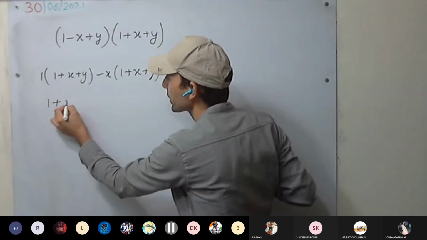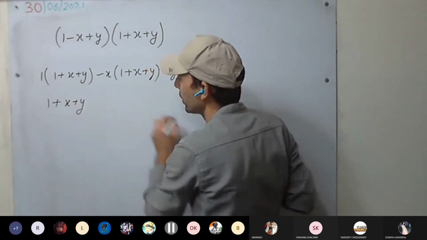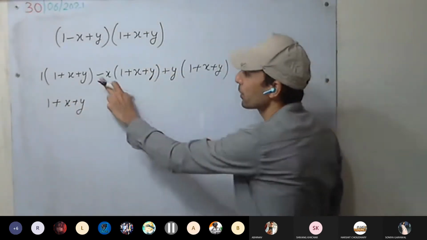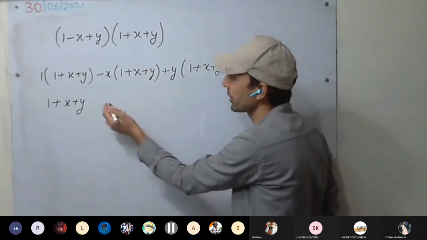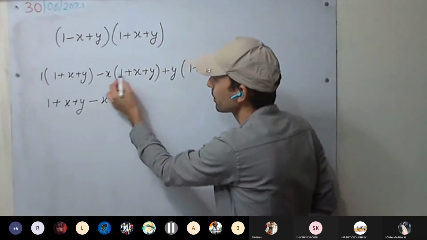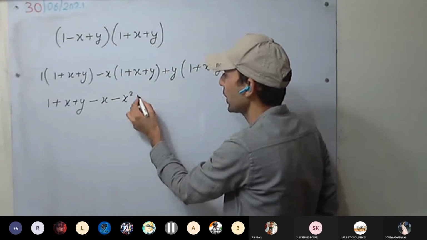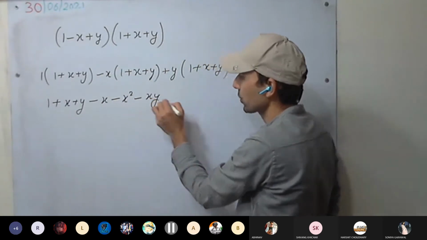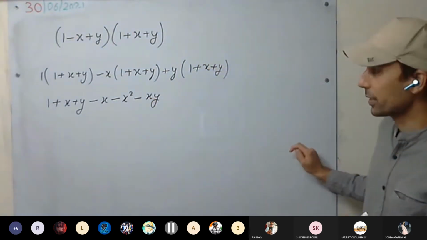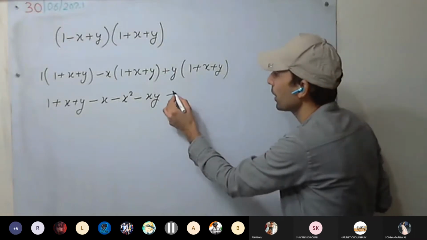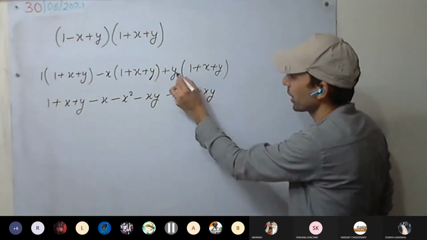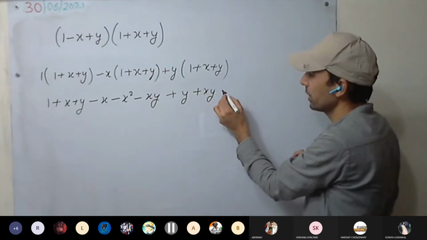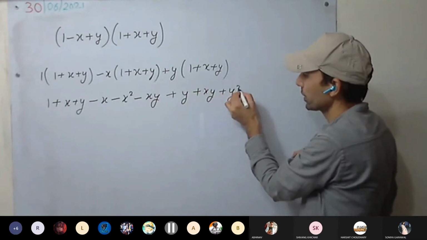So 1 plus x plus y. Keep solving. Multiply minus x with each of the terms in the bracket: minus x square minus xy. Don't skip the steps. Plus y plus xy. It is yx, we can write xy, plus y square.